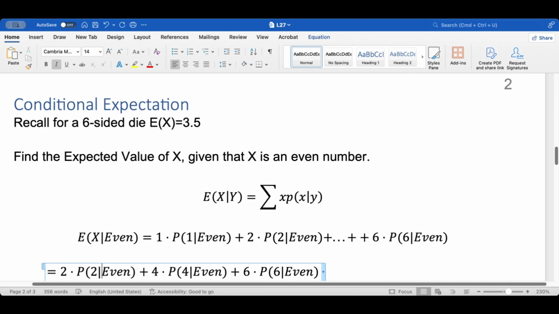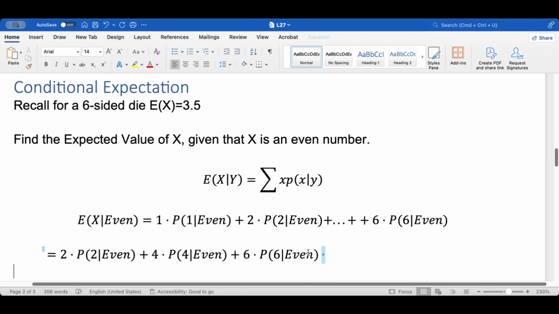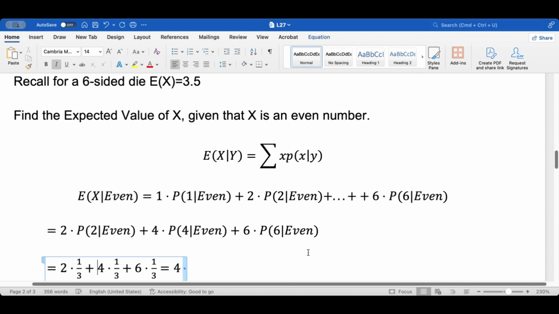Now, if the roll is even, it's impossible to get an odd number. So all the odd values are going to drop out, and we're left with just the even cases. So it's 2 times the probability of 2 given even. The probability of a 2, knowing the roll is even, it's only 3 even numbers, so it's 1 out of 3. Same thing for the conditional for the 4 and the 6.